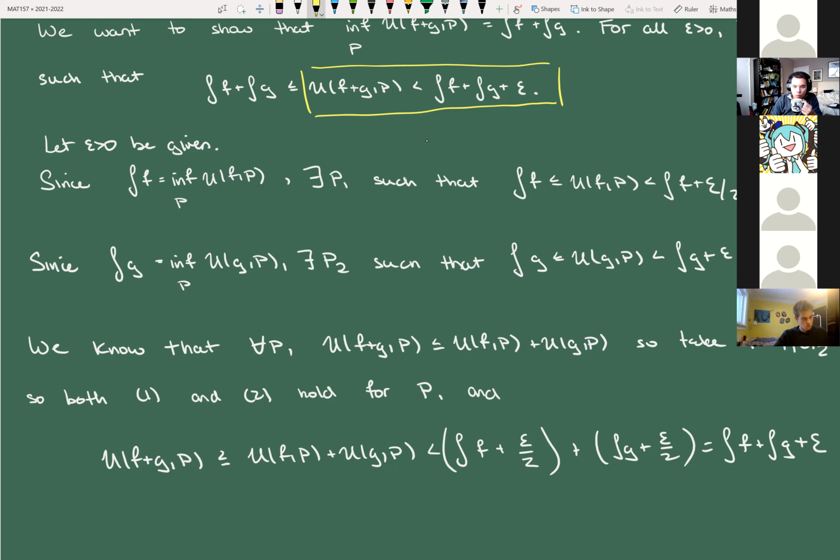I remember there's just like a one-line thing here, and it's obviously true, but I can't quite remember what it is. Why is the integral of f plus g obviously bigger than the integral of f plus the integral of g? Yeah, I don't remember what it is. I'm going to have to play with it a bit, everyone. So this proof temporarily is going to remain unfinished while I figure out what it is.